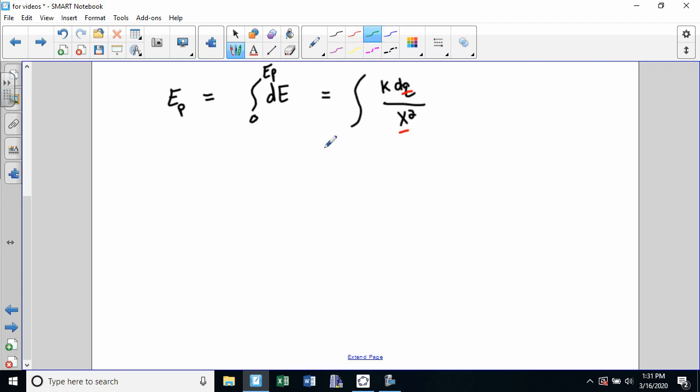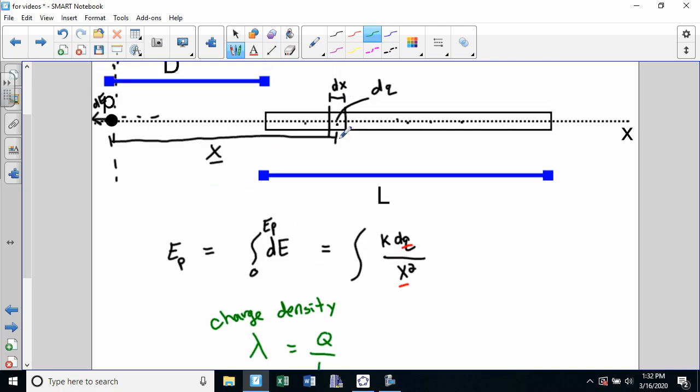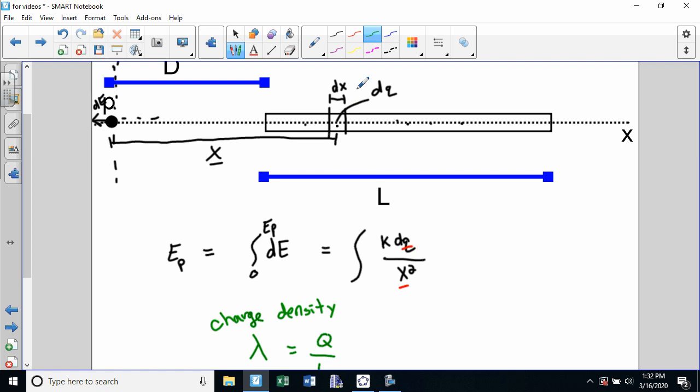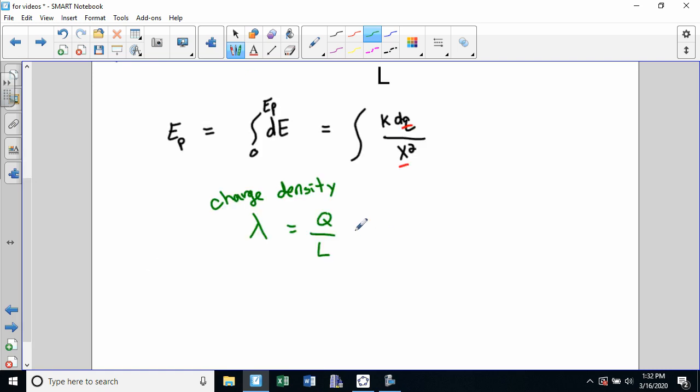I'm going to get that through the charge density. The charge density, lambda, says that for a uniform one-dimensional bar, any length that I cut, the charge to length should have the same ratio. So for this little tiny length that I cut that was dx, the ratio of dq to dx should be the same as the overall ratio of charge to length of the bar.